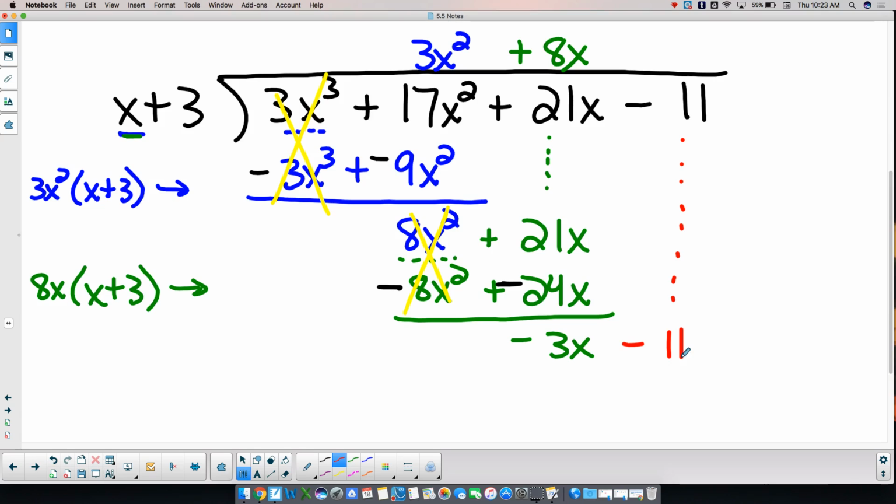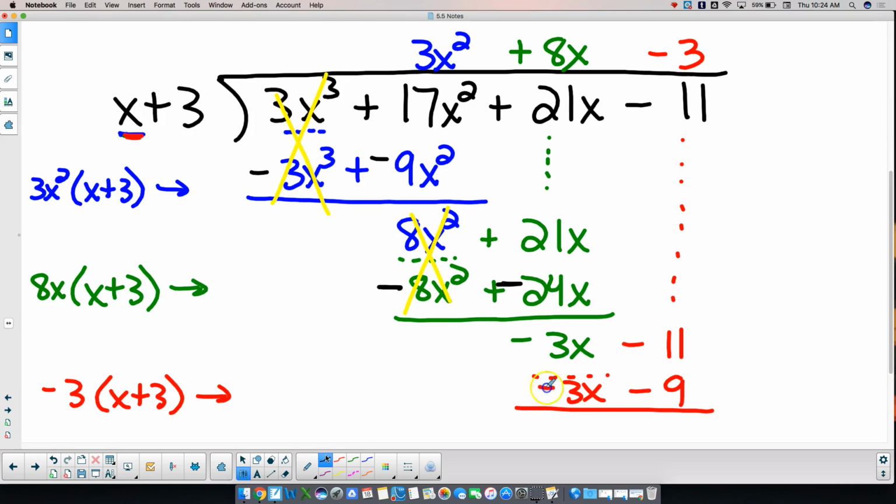Now I'm trying to make x look like negative 3x. So that's going to be minus 3. So that will be negative 3x minus 9.